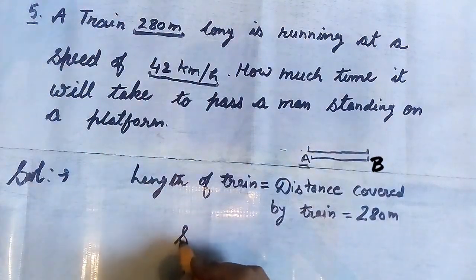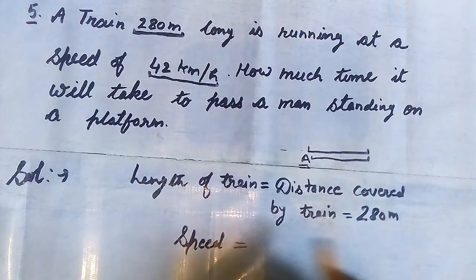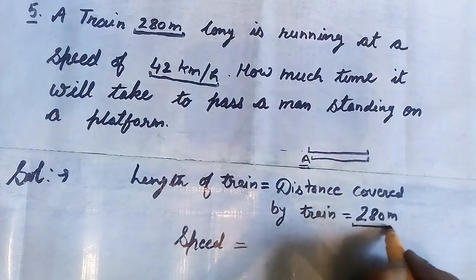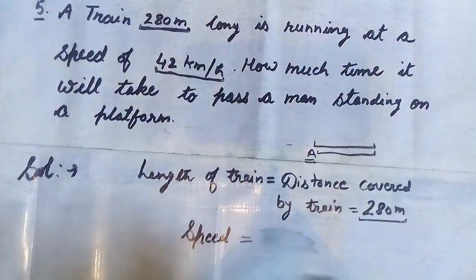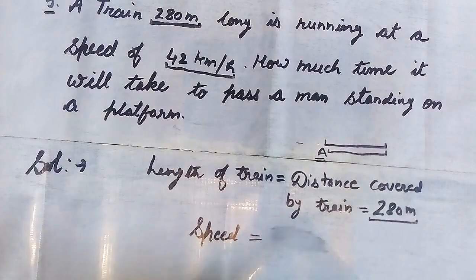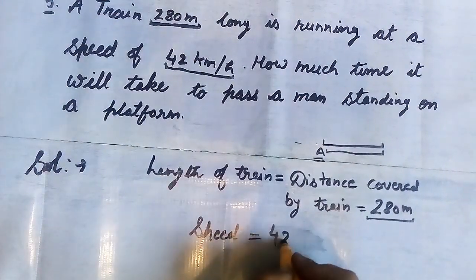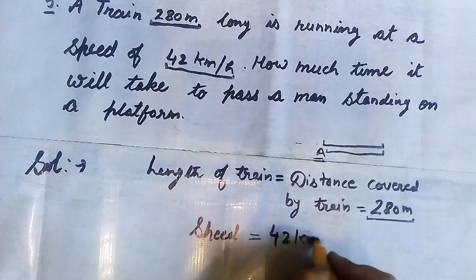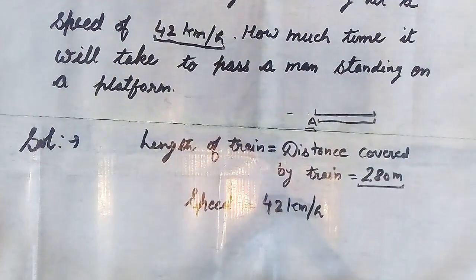Now the second thing, the speed is given in kilometer per hour. Because our distance is in meters, we have to convert 42 km per hour into meter per second. So how to convert it?